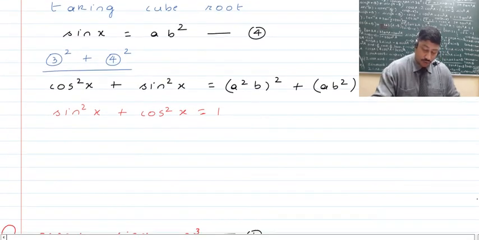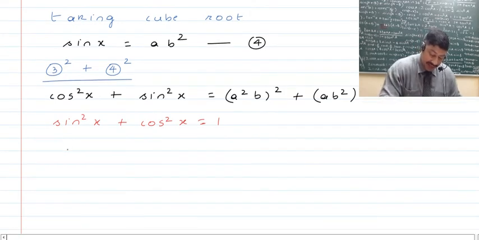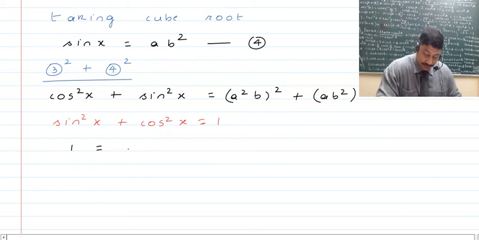The right hand side is already free, and thus children, here what we have is 1 on the left hand side, and that is equal to a raised to the power 4 b square plus a square b raised to the power 4, right?